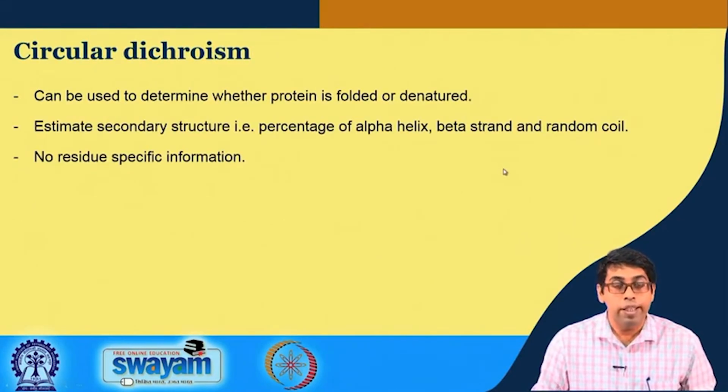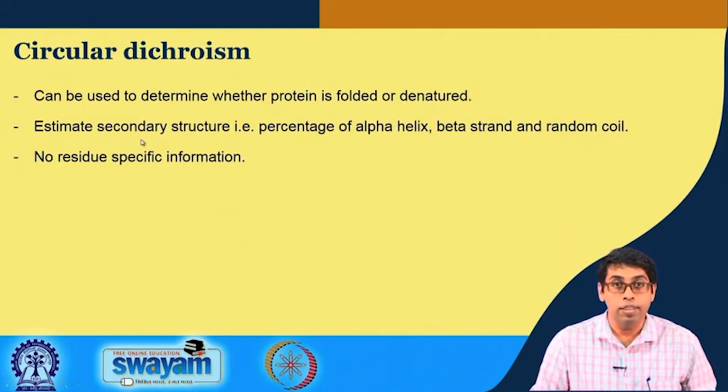Another very important experiment that is used very frequently to analyze protein samples is circular dichroism. It can be used to determine whether a protein is folded or denatured, because the signatures of a folded protein and a denatured protein are very different in CD.